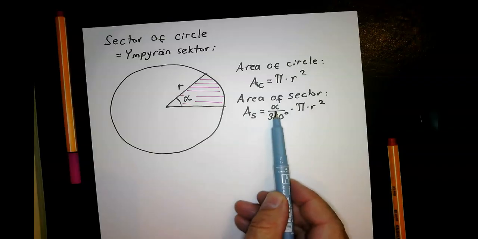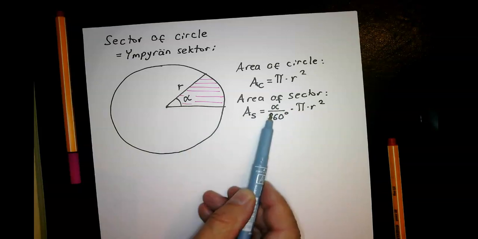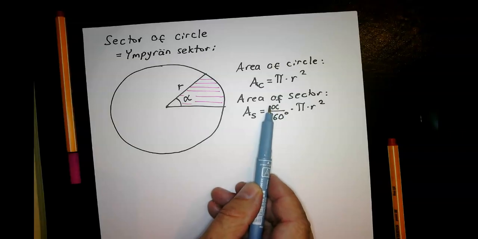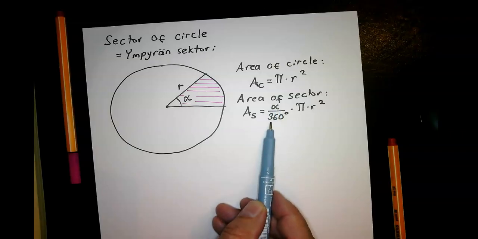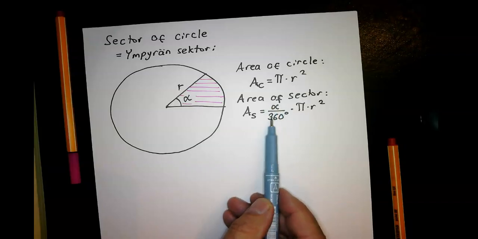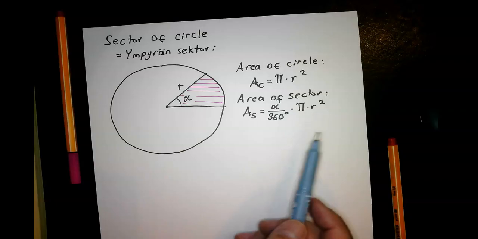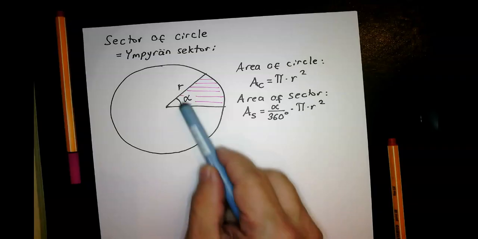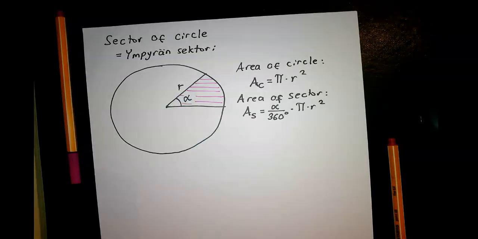So for example, if we have half circle here, then this alpha would be 180 degrees. And if we divide 180 by 360, we get half. So it tells us that the area would be half of the area of the circle. So the area of the sector of circle is very easy to calculate. All you have to know is the angle here, and with the help of the angle you may calculate the area.